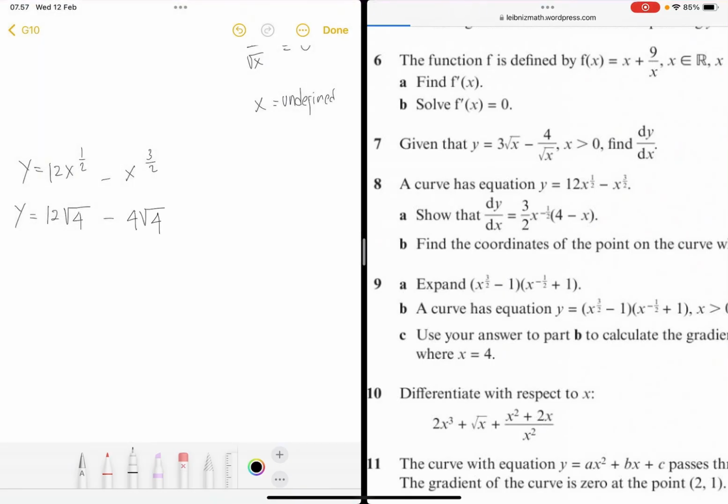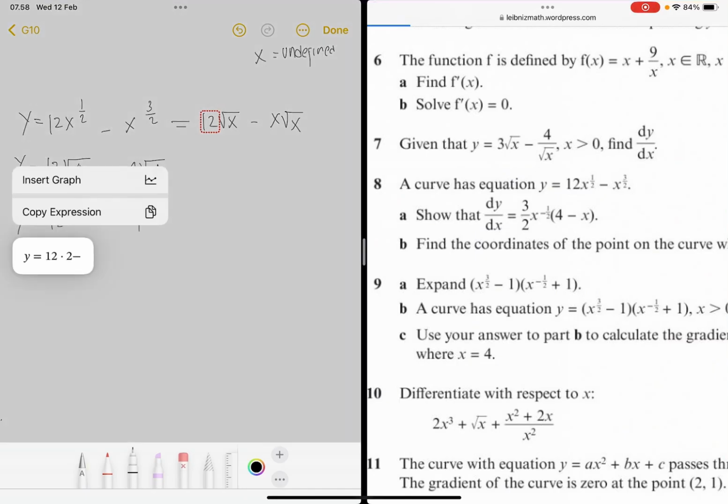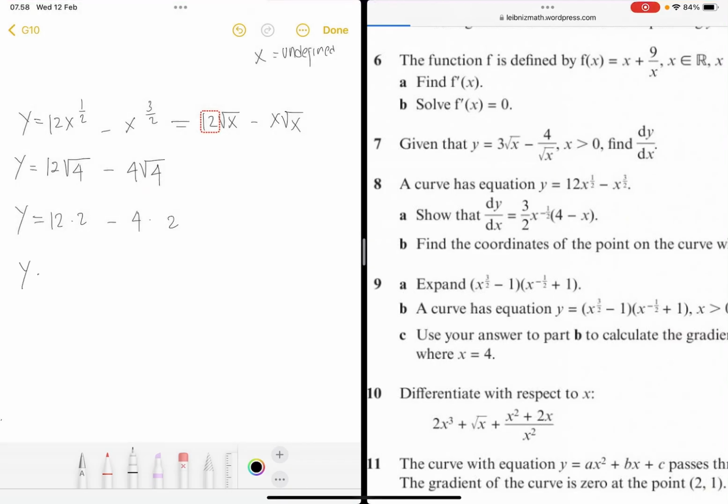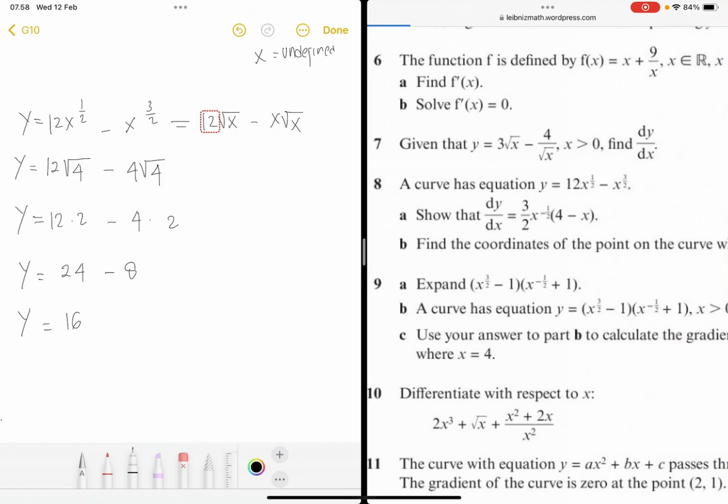Okay, so this is actually 12 root x minus x root x. Okay, like that. So after that, here becoming 12 times 2, here 4 times 2, here 24 minus 8, so y is going to be 16. So the final coordinate point is (4, 16).